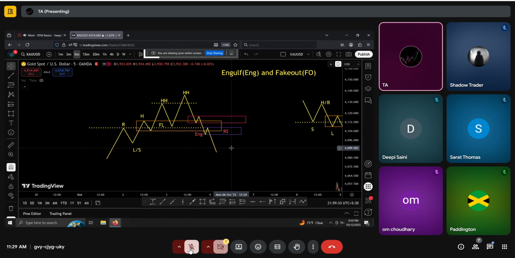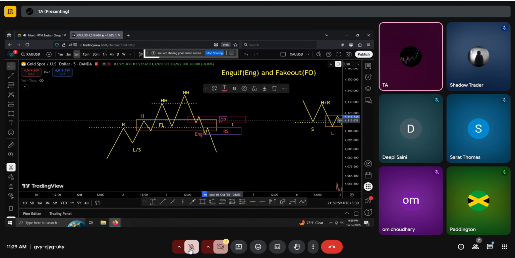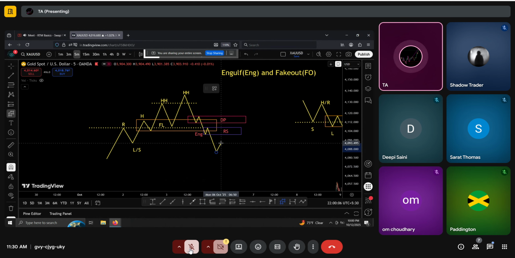So what happens in this case, after breaking this FL, if price doesn't go back to this DP level? This is DP. If price doesn't go back to this DP level in future, when price comes back, it will face, we have two zones.